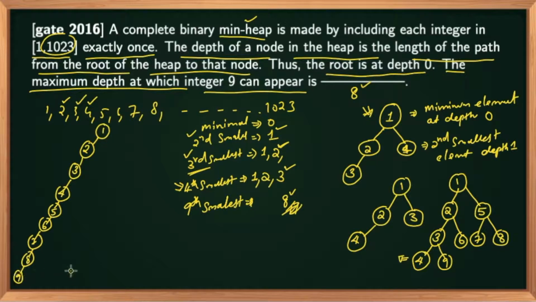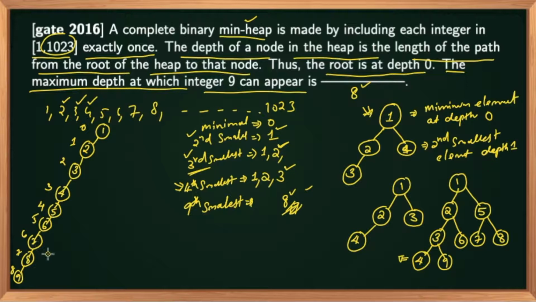If this is the way you are trying to create, then only you can have the depth 8, right? So here the depth is 0. Here 1, 2, 3, 4, 5, 6, 7, 8.